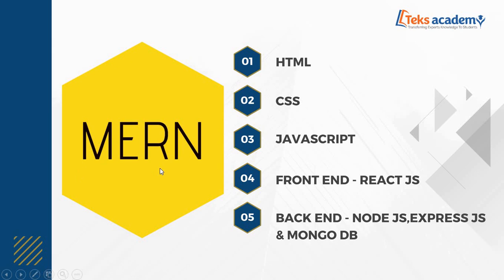So in this full stack development course, I would like to cover web development first with HTML, CSS, JavaScript, and also the front-end JavaScript library, which is React.js, and backend. And I would like to teach Node.js and also the Express framework with the Mongo database.